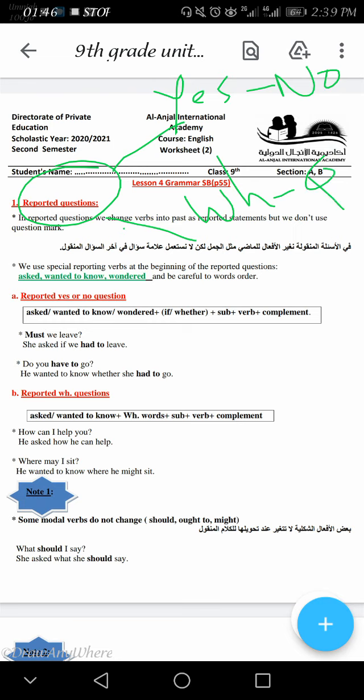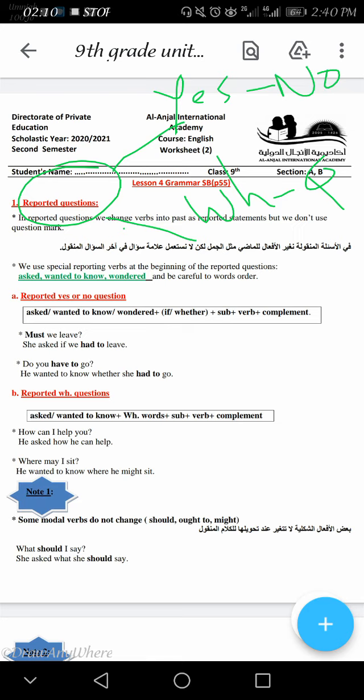الأسئلة مقسمة إلى نوعين, either yes no question or WH question. I mean with yes no question, هم الأسئلة اللي بتبلش بالauxiliary verbs, الأفعال المساعدة, helping verb, سواء كان verb to do, verb to be, verb to have, or lastly, finally, the modals.